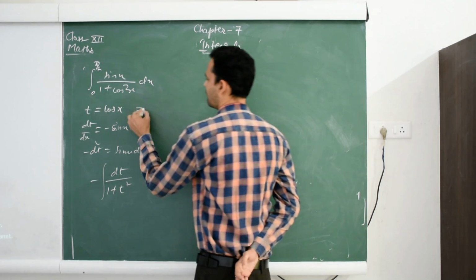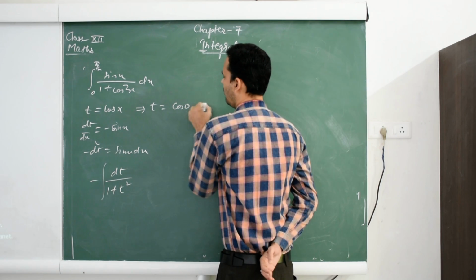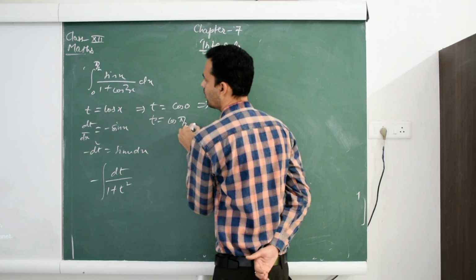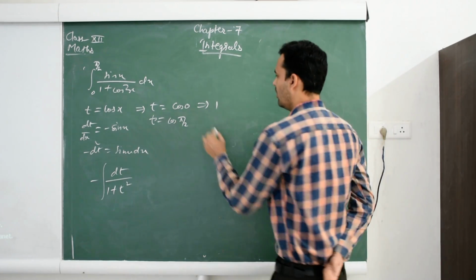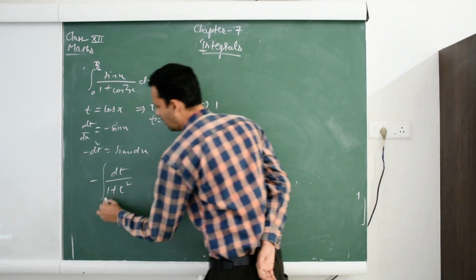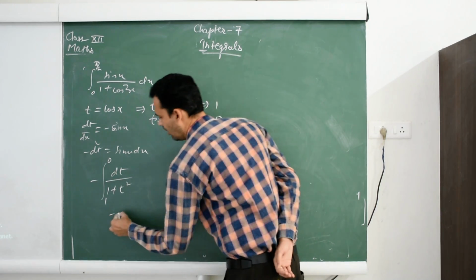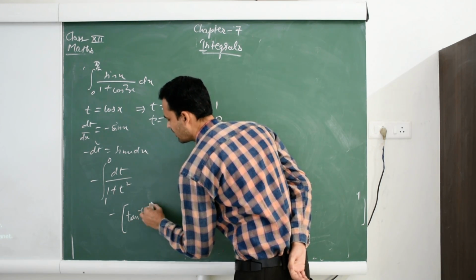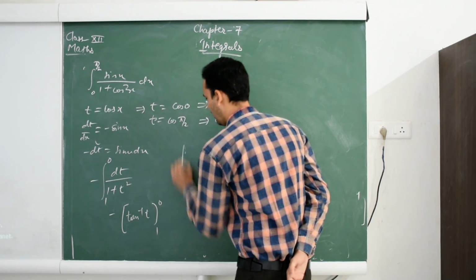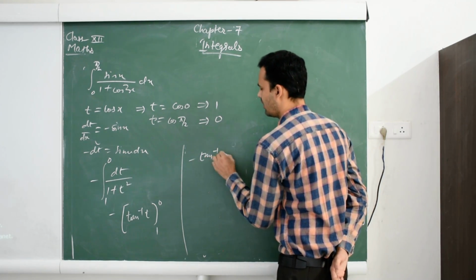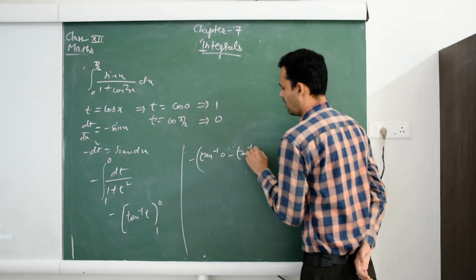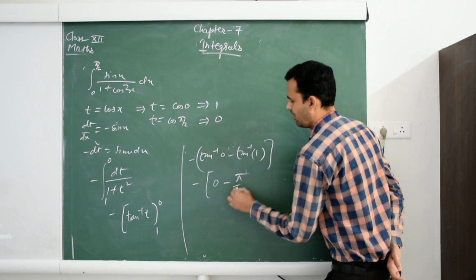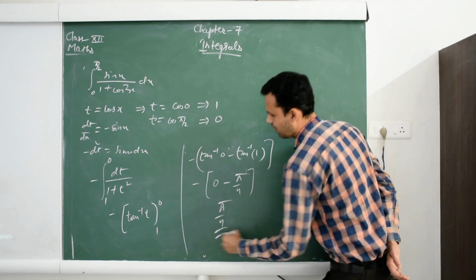For the limits, if we put x equals 0, cos 0 is 1, and if we put pi by 2, it is 0. So the limits are 1 to 0. Now the integration of 1 upon 1 plus t square is tan inverse t from 1 to 0: tan inverse 0 minus tan inverse 1. So tan inverse 0 is 0 minus pi by 4, and the answer is pi by 4.